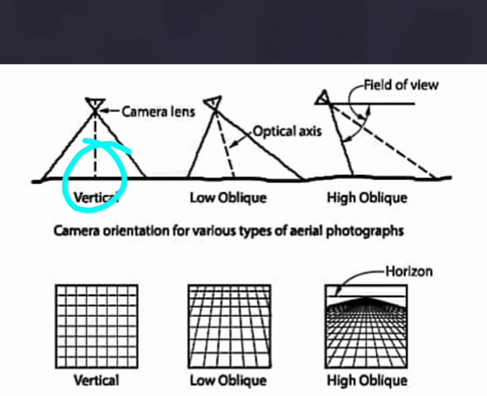And an oblique photograph is an aerial photograph taken keeping the camera axis intentionally tilted from the vertical, where you can use this oblique to determine the different heights. There will be a low oblique and a high oblique. In low oblique, the horizon is not seen and it is tilted to 30 degree, and in high oblique the horizon is seen and it is tilted up to 60 degree.